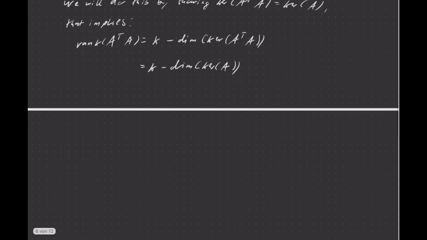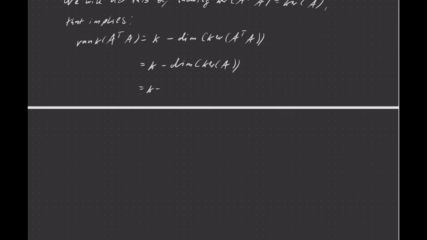Now, again using rank-nullity, we know that the dimension of the kernel of A is the number of columns of A minus the rank of A. A has k columns, so we have k minus the rank of A. And finally, we know the rank of A, because A has k linearly independent columns, because those columns form bases, remember?